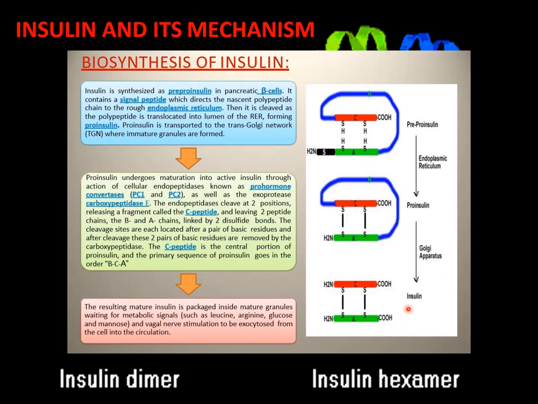It is formed in the vesicle and cannot be exocytosed; it still waits for the signal coming from leucine, arginine, glucose, and adenosine, and with this signal, mature insulin is exocytosed into the circulation.